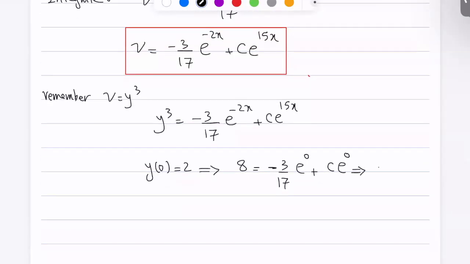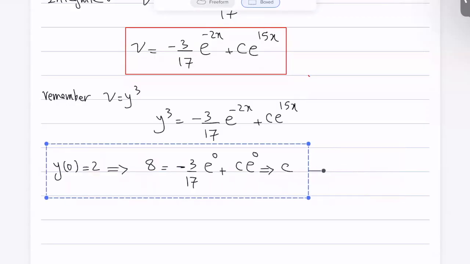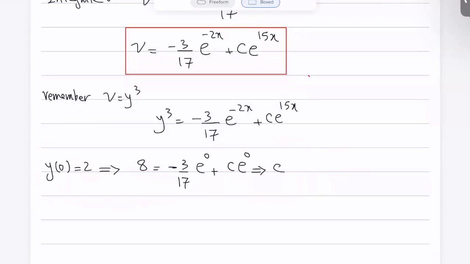And this will give me c. Okay. So this is 1, this is 1. So c is just 8 plus 3/17, and that is, I think, 139/17.